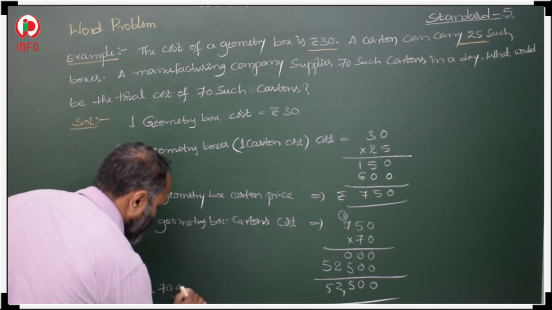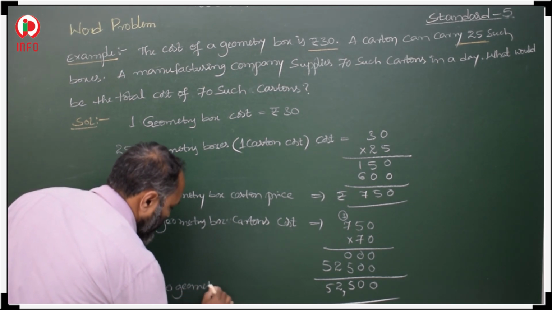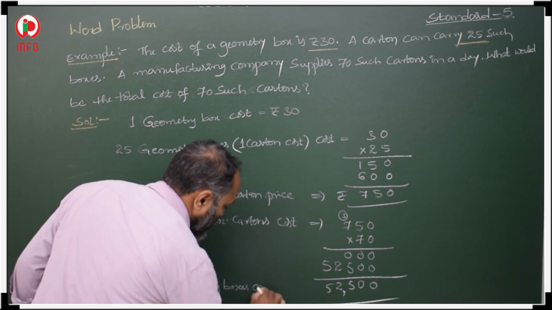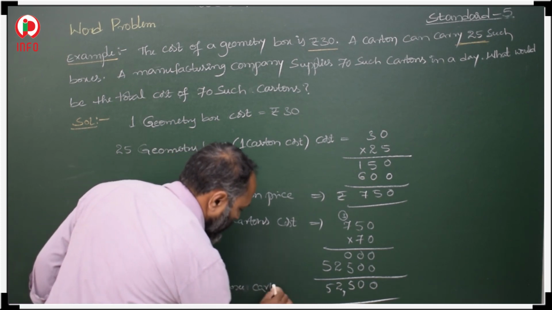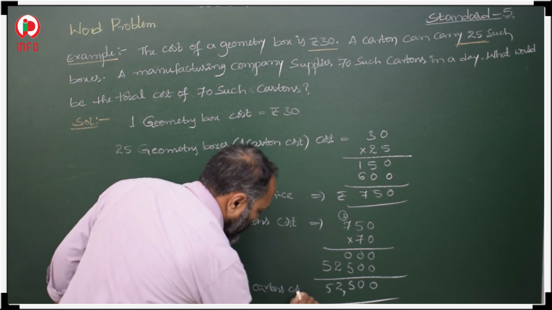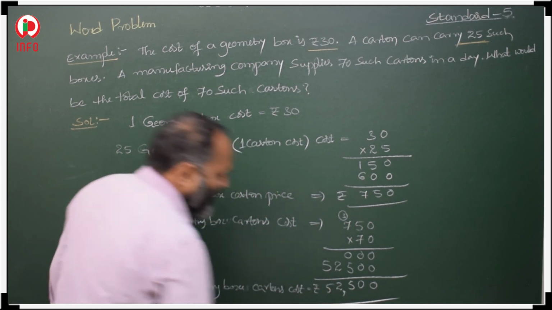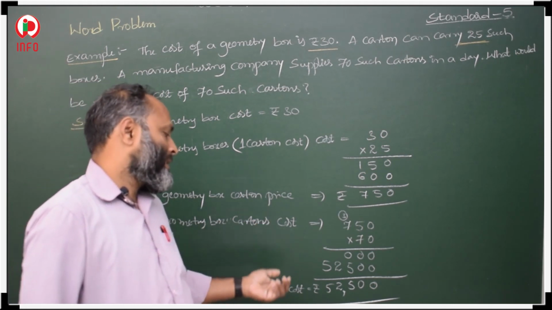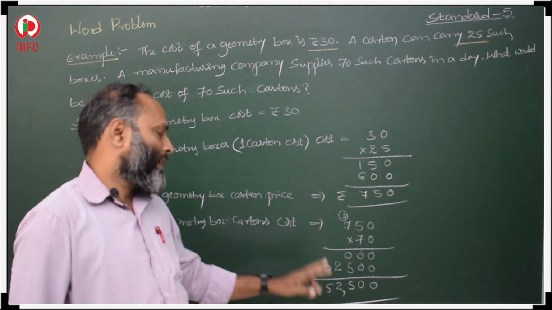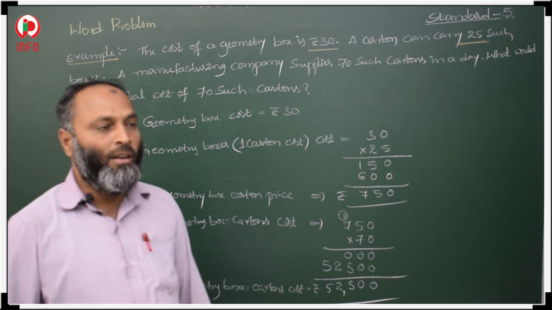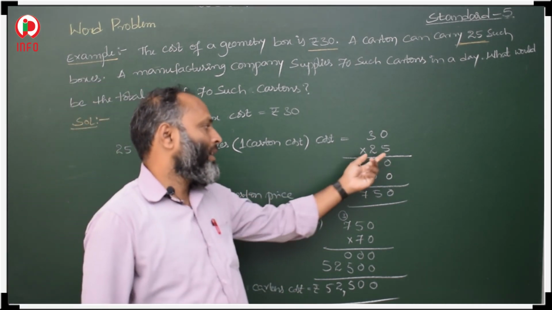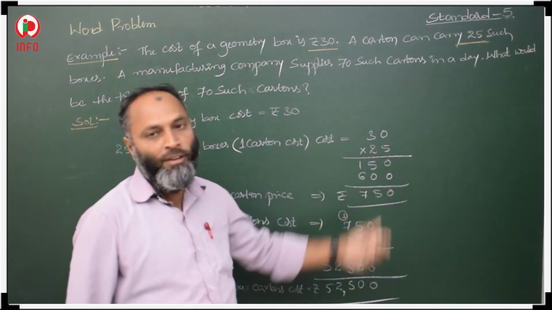Therefore the cost of 70 geometry box cartons is equal to 52,500. This is the total price of 70 cartons of geometry boxes, that is 52,500. First we have to find one carton cost. In one carton total how many pieces were there? 25 pieces.